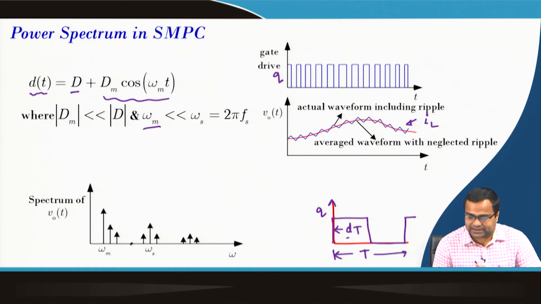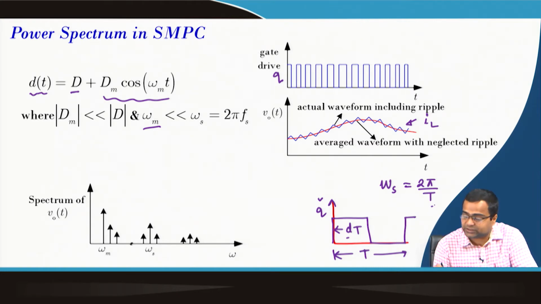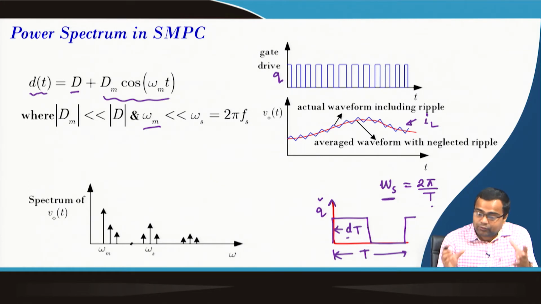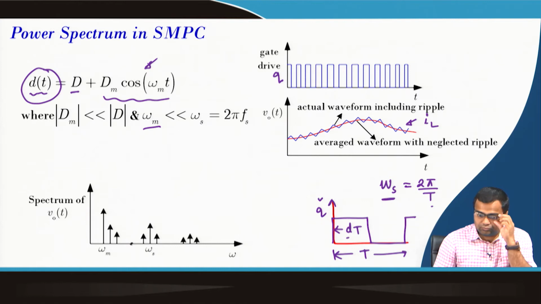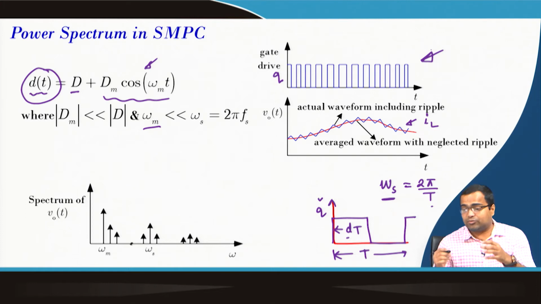If you draw the power spectrum of this converter, where we have considered a periodic signal Q with time period T, then omega s is 2 pi by T, where T is the time period. That is my switching frequency in radian per second. We also have a modulating frequency, because the gate signal is modulated using a sinusoidal excitation. Then what will be the resultant frequency spectrum of this gate signal?